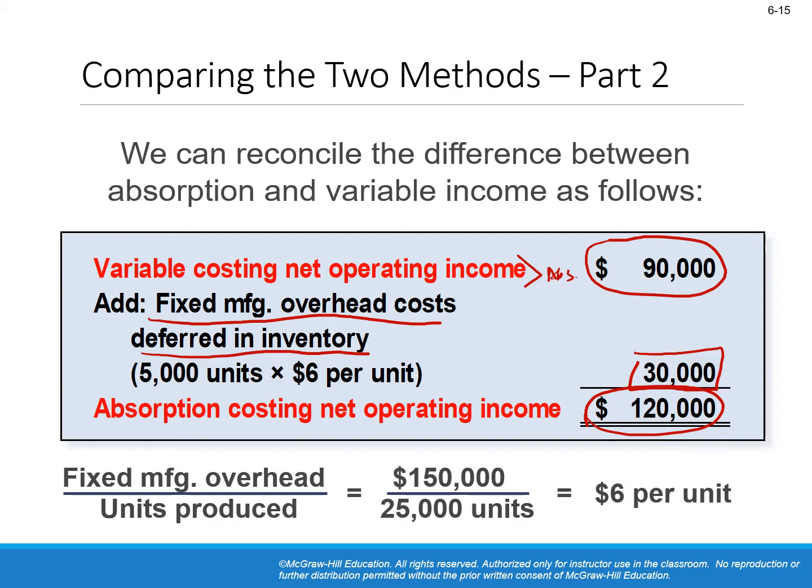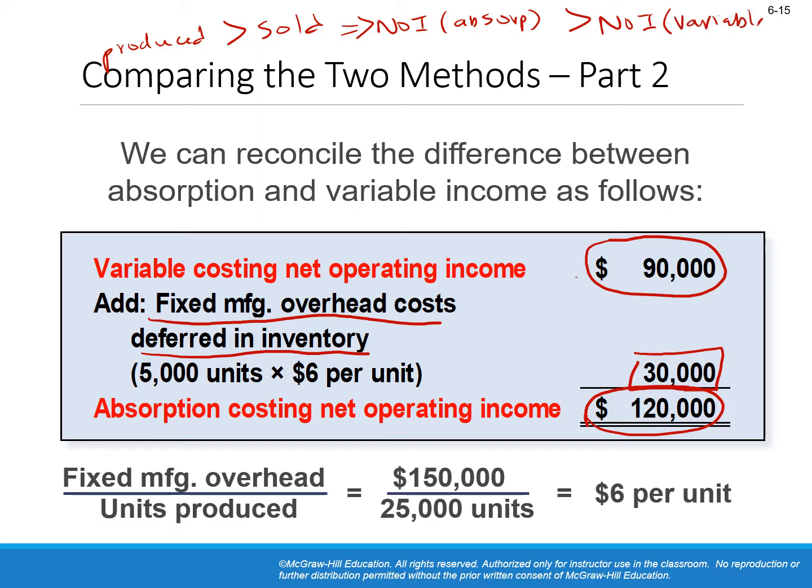The answer is yes, and this happens when you sell more than what you produce. So far we produced more than what we sold, and therefore the net operating income for the absorption is greater than the net operating income for the variable costing.